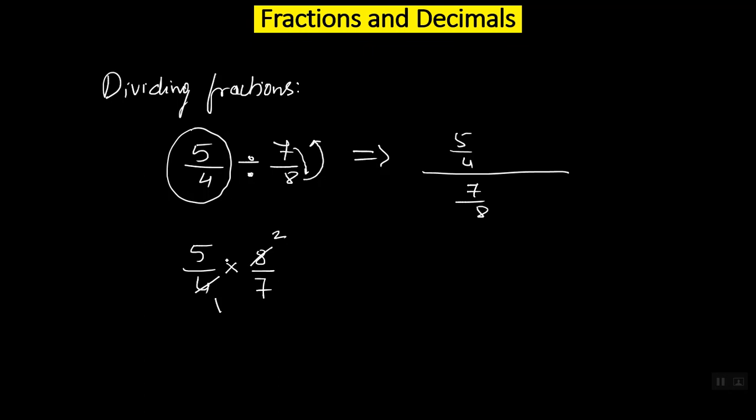Now, do 5 and 7 appear in the same times table? No, all the numbers are different. Then 5 times 2 is 10 by 7. This is the result of the division which was given. Okay, this is how we do the division of fractions.